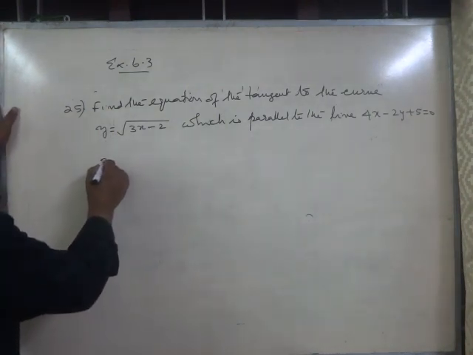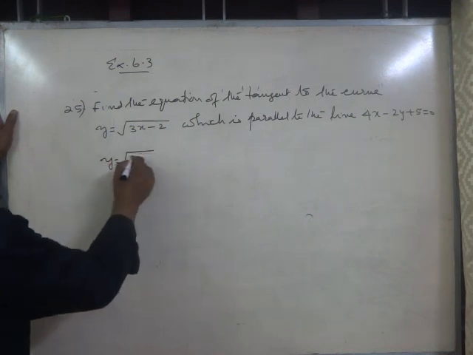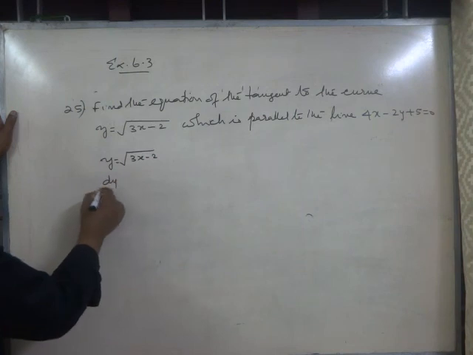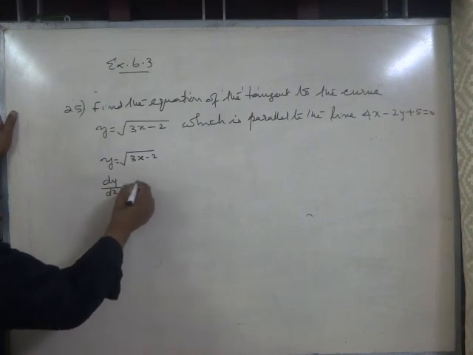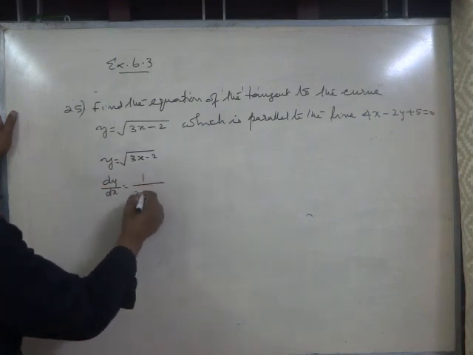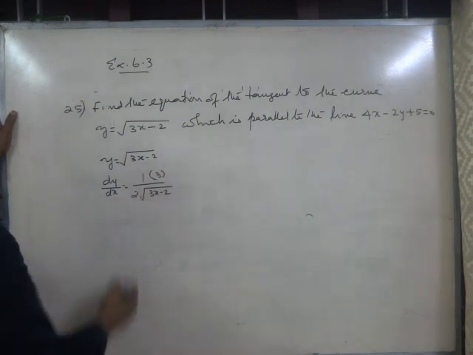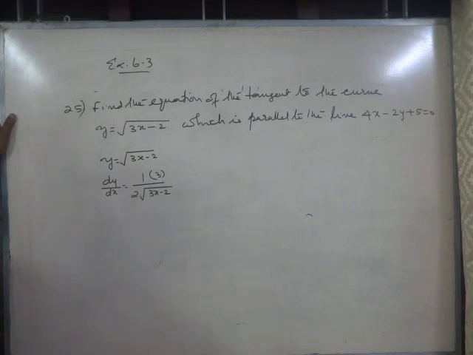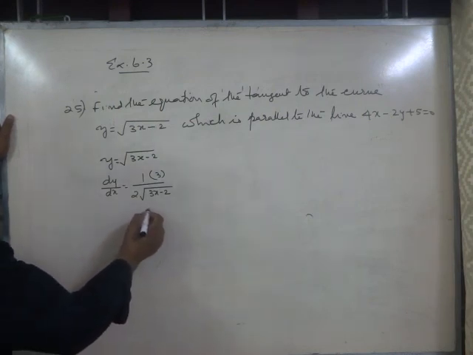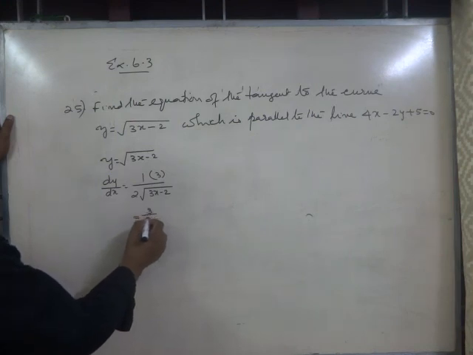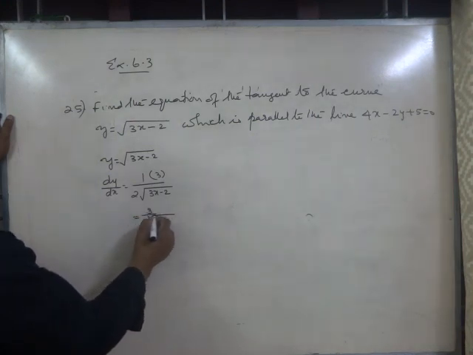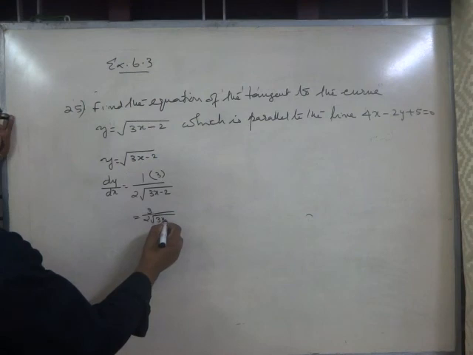Now, y is equal to square root of 3x minus 2. Therefore, dy by dx is equal to 1 by 2 root of 3x minus 2 multiplied by 3, chain rule. That's equal to 3 by 2 root of 3x minus 2.